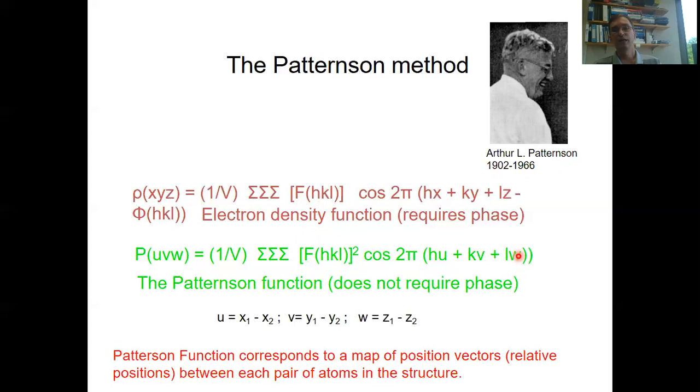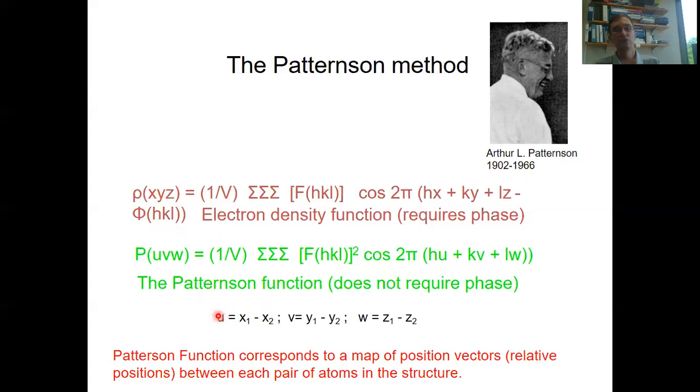Now U, V, and W are coordinates in the Patterson space. These coordinates are related to the coordinates x, y, z in the actual real space the following way: they just represent differences between the coordinates of two atoms.